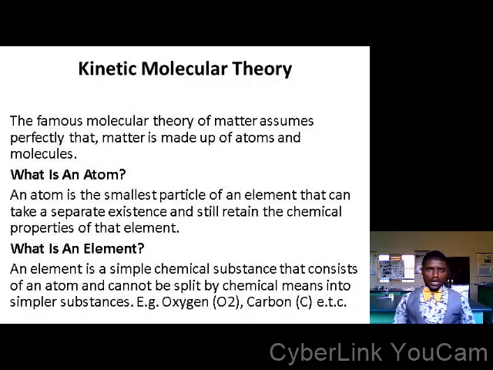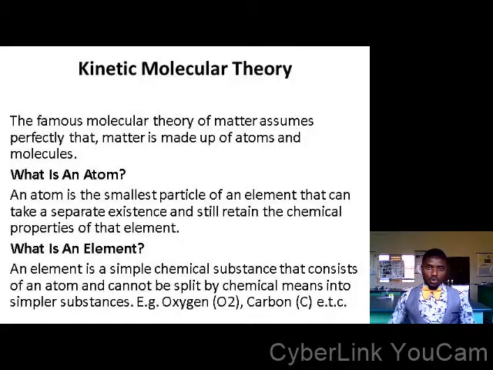Kinetic molecular theory tries to explain what happens that gives birth to what is called change of state. It is believed that all matter comprises of atoms and molecules that are held together by what we call in physics intermolecular forces, also in chemistry intermolecular forces.